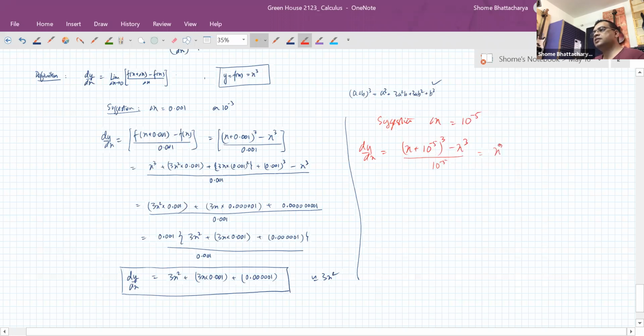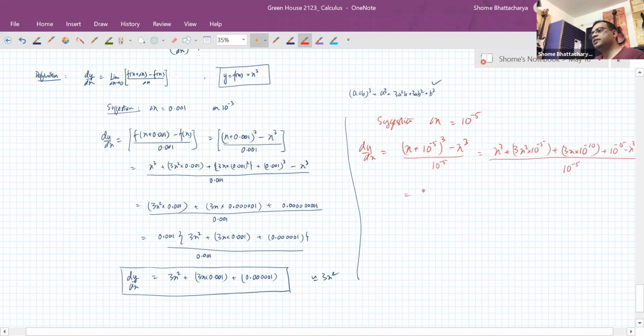So this would have been x cube plus 3x square into 10 raised to minus 5 plus 3x into 10 raised to minus 10, plus 10 raised to minus 15 minus x cube, the whole thing divided by 10 raised to minus 5.